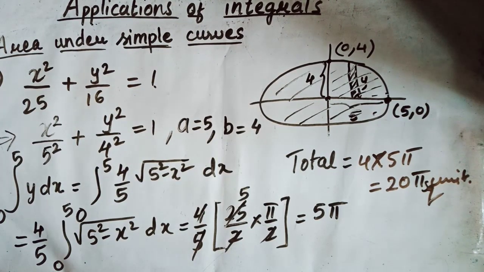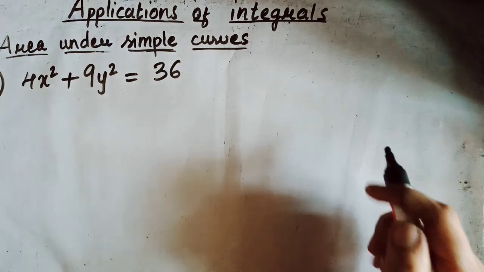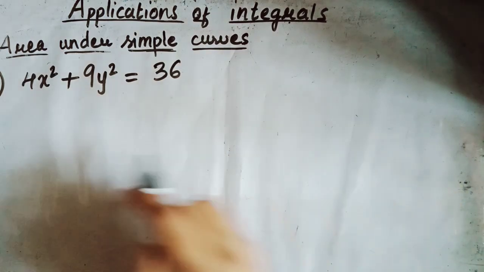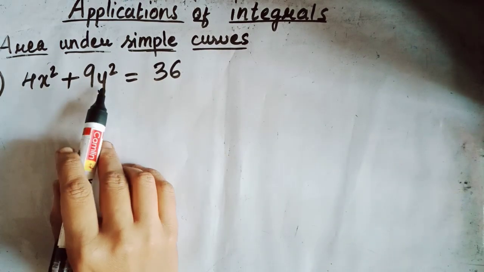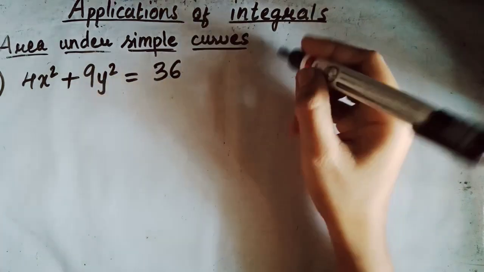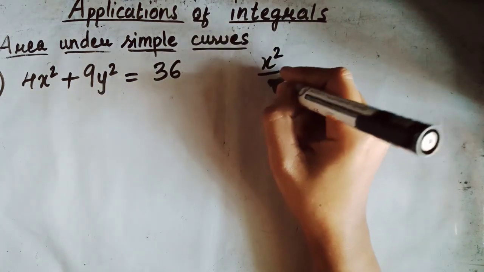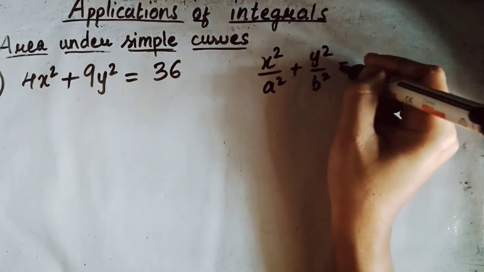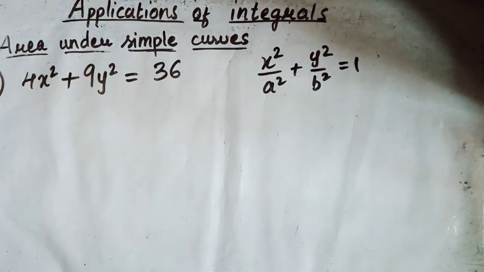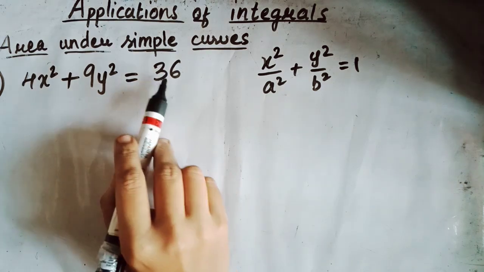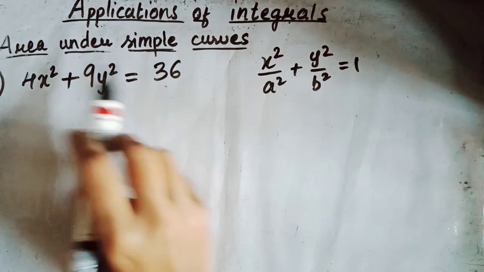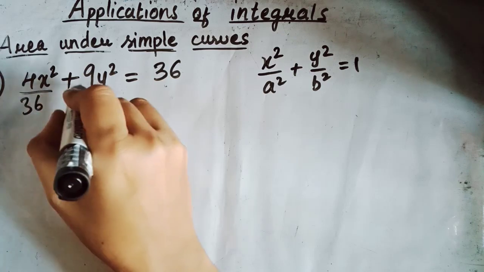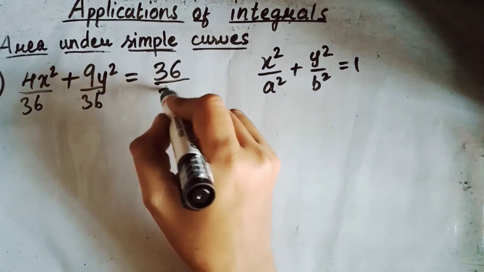Now let's see one more problem. It is given in the form 4x square plus 9y square equal to 36. You have to get it in the form x square upon a square plus y square upon b square equal to 1. So first you have to make the right side 1, so divide the whole thing by 36.